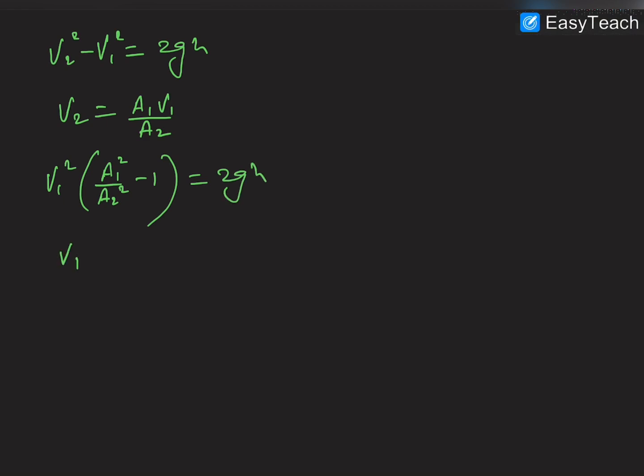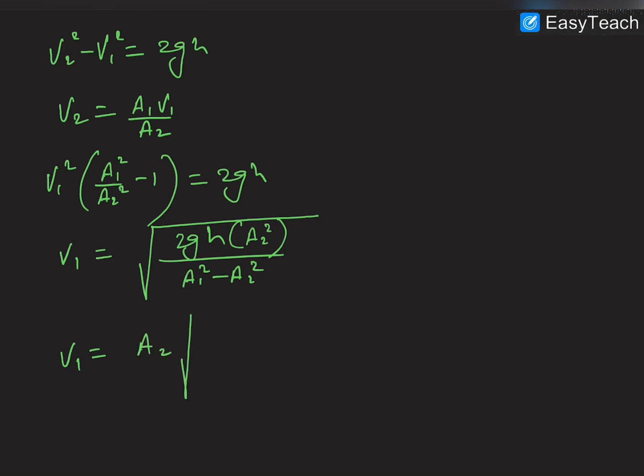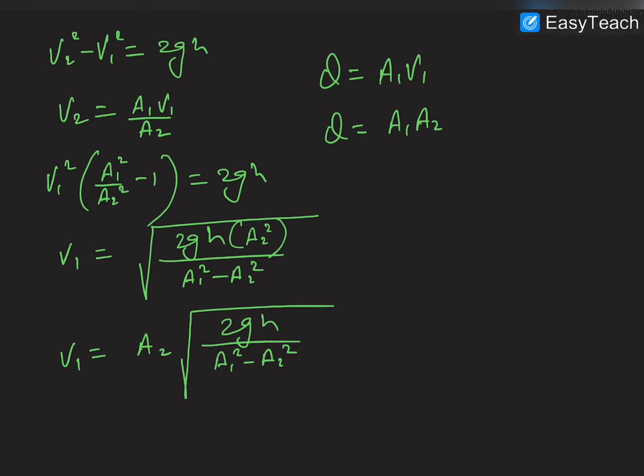So V1 will be equal to the square root of 2gH into A2 square divided by A1 square minus A2 square, and V1 will be equal to A2 under root of 2gH divided by A1 square minus A2 square, and obviously the volume rate flow Q will be equal to A1 V1. So Q will be equal to A1 A2 under root of 2gH divided by A1 square minus A2 square.